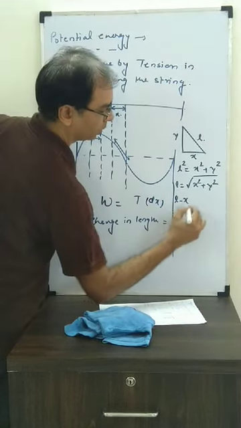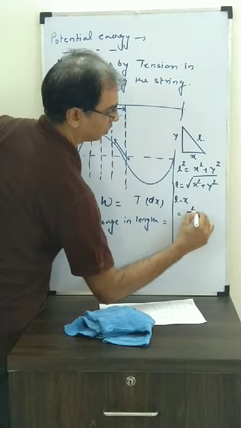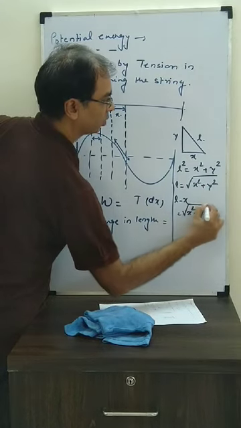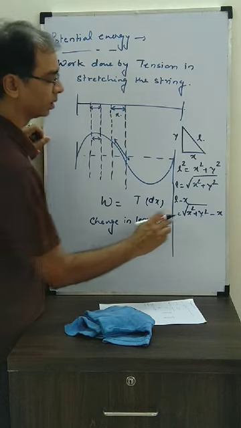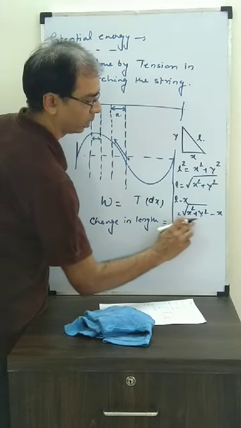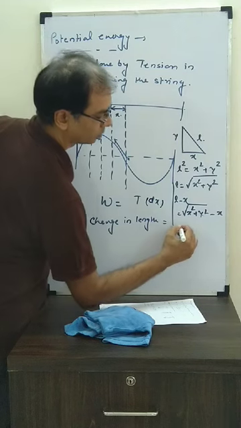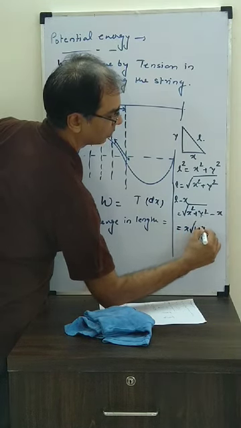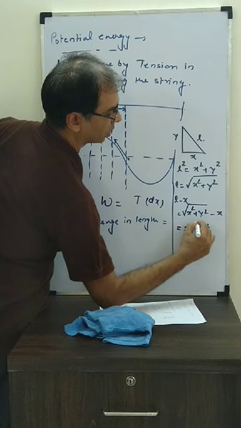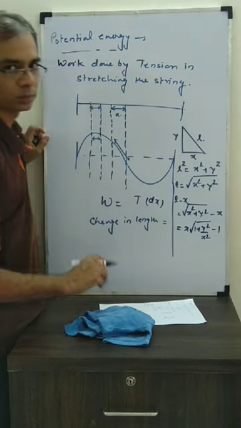Okay, so what we can do? Square root of x square plus y square, minus x. Okay, now from this expression, from this square root, I am taking x common. Take x common, so what will come? 1 plus y square by x square, minus 1.